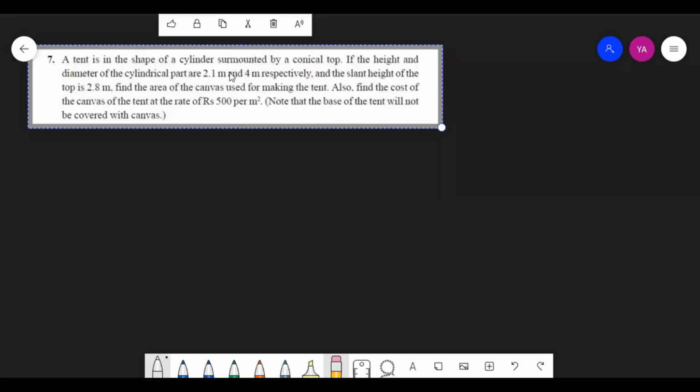So the question is clear. A tent is made with a cylinder and its top is surmounted by a conical top. Conical means a cone.